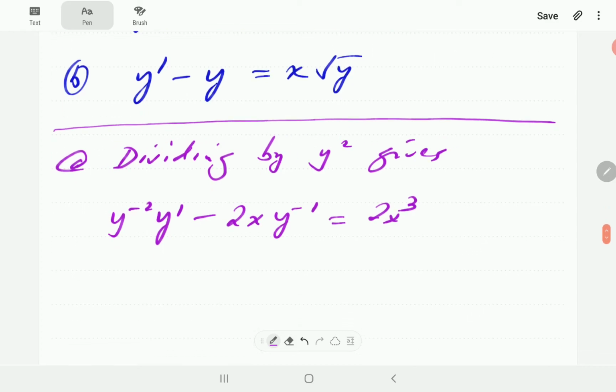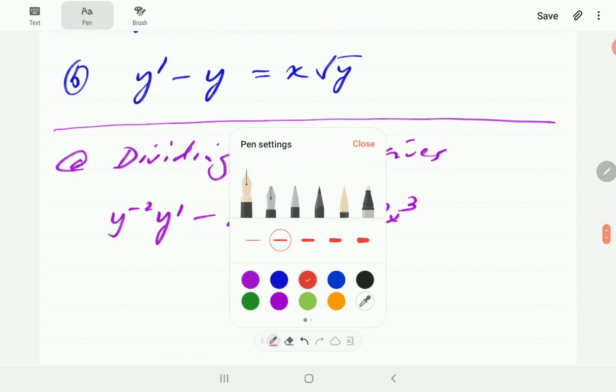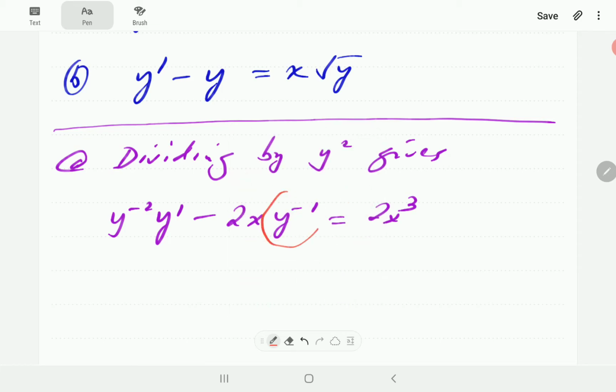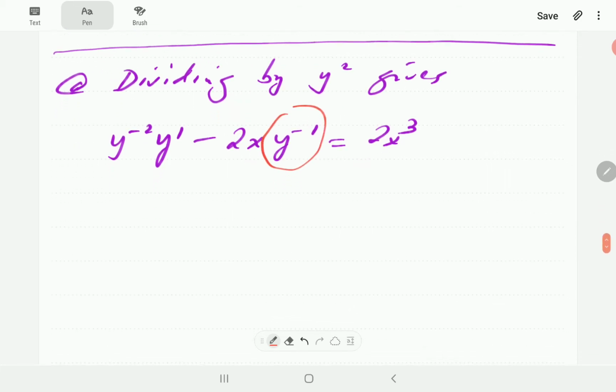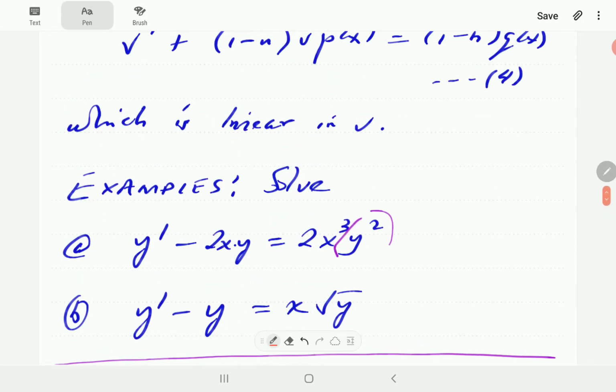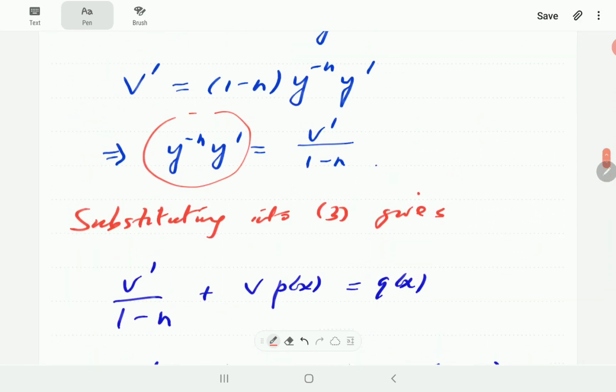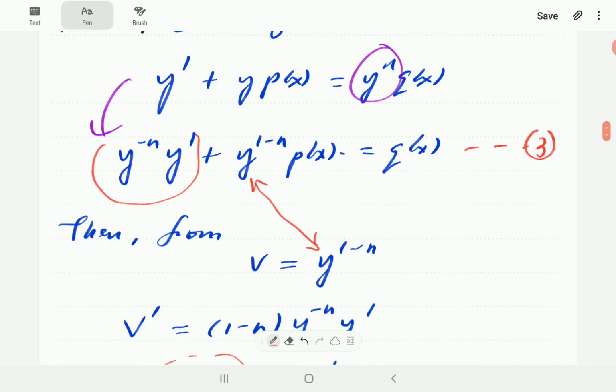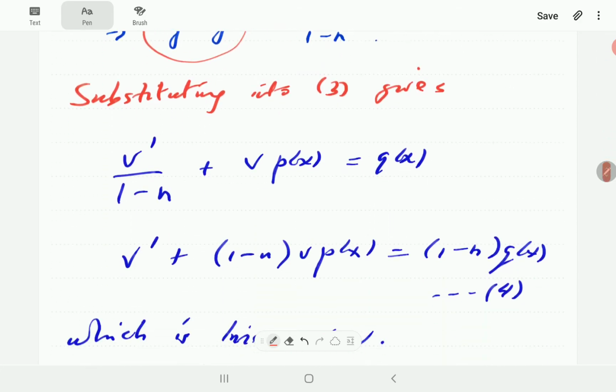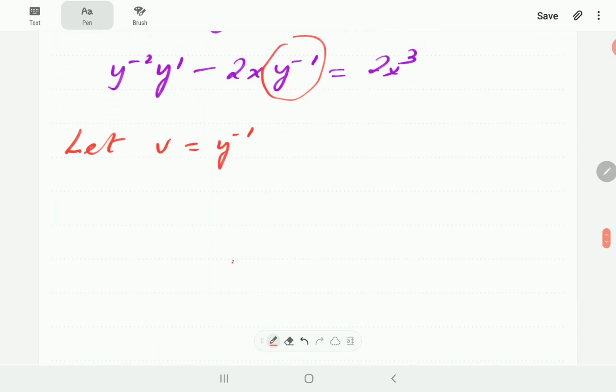Okay, then we're going to let this thing be v. So let v be y to the negative 1. So it's exactly the same as what we did here. So once we divide, then we'll let this become v here. And then we work out v prime and substitute, and then that's that. So v prime is going to be negative y to the minus 2 y prime.